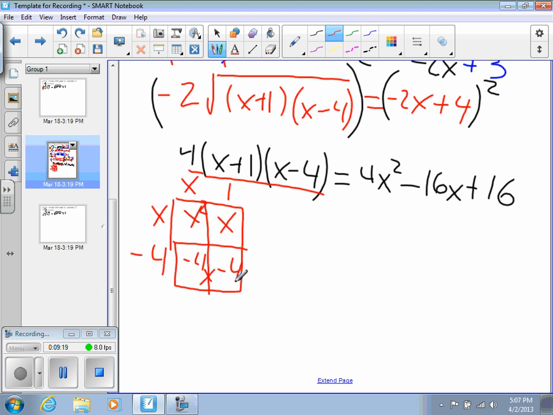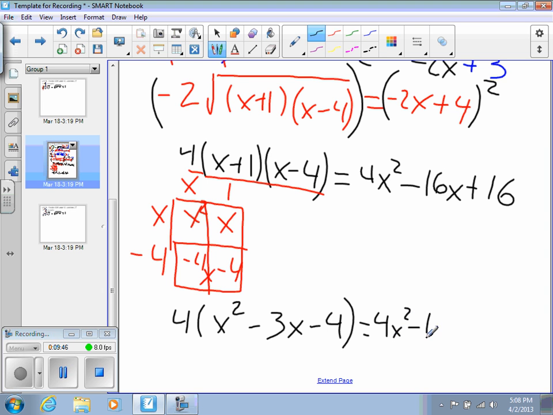So now on this side of the equation, we have 4 times x squared minus 3x minus 4 equals 4x squared minus 16x plus 16.